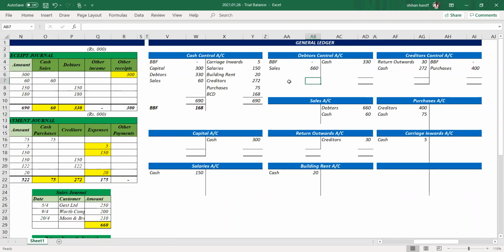Debtors and creditors also we can balance. Debtors balance is 330. Creditors balance is 98.